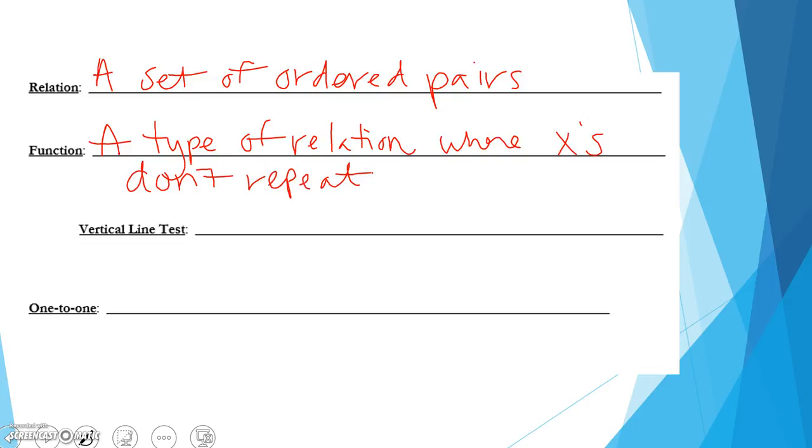And vertical line test, we just talked about. It's a test to determine if a relation is a function.